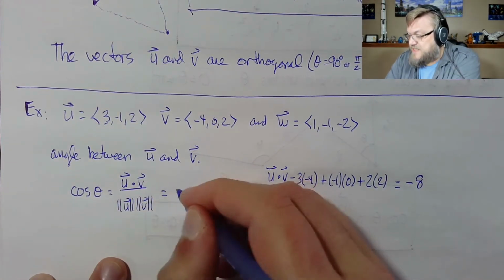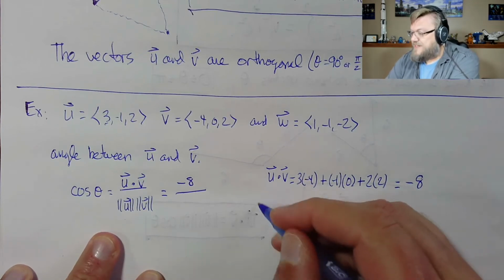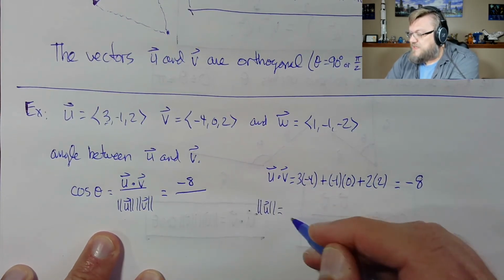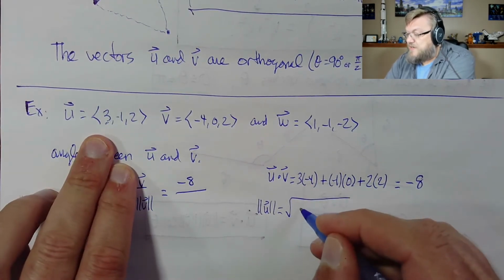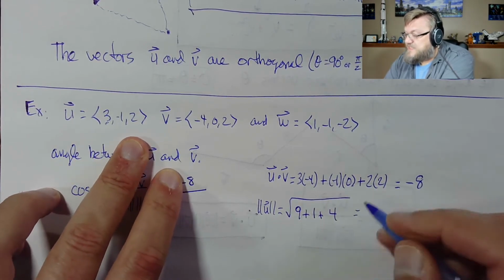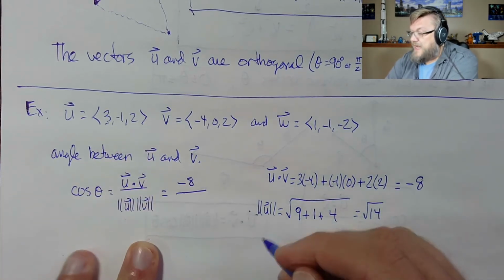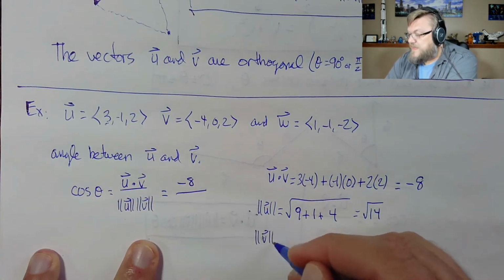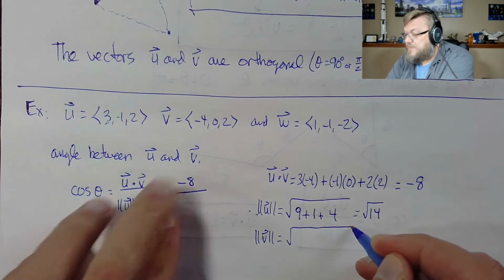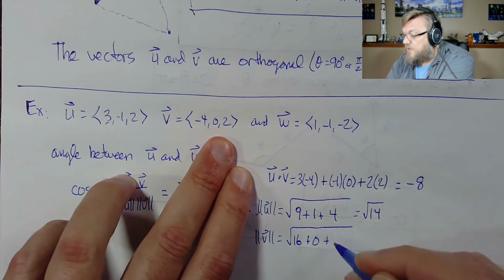So the dot product is negative 8. Let's go ahead and calculate these magnitudes. The magnitude of u is going to be the square root of 3 squared plus 1 squared plus 2 squared. So that's going to be the square root of 14. The magnitude of v is going to be the square root of 16 plus 0 plus 4.